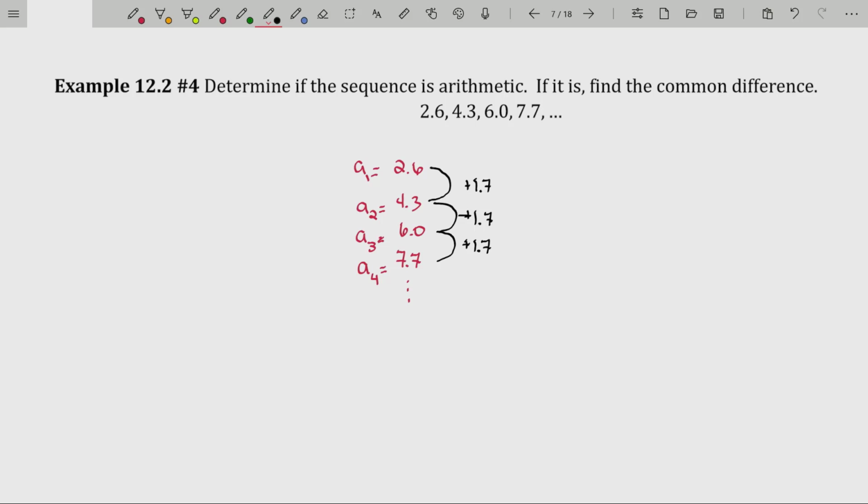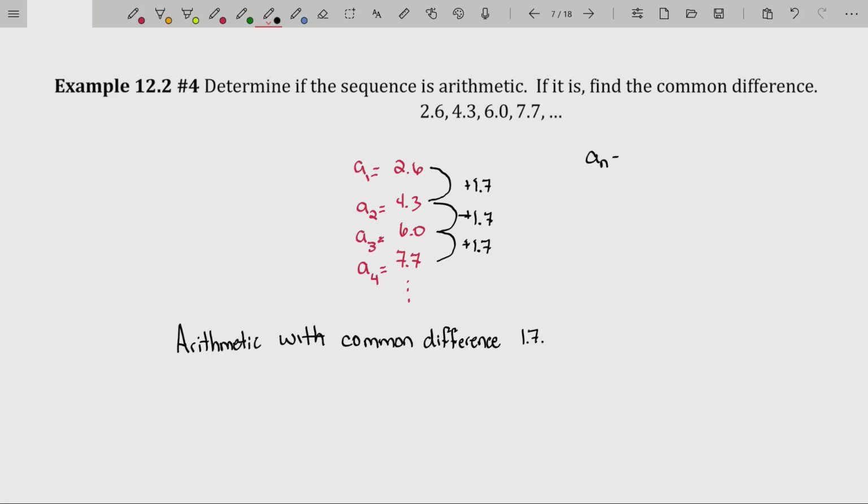So yep, this looks to be arithmetic. So I'm going to say arithmetic, and to answer their question, with common difference of 1.7.